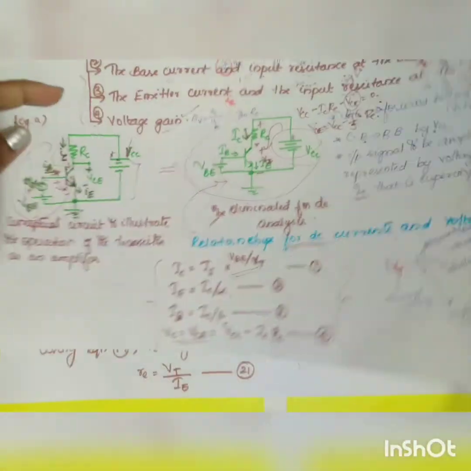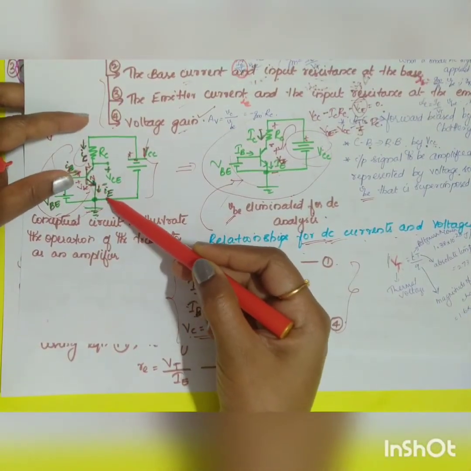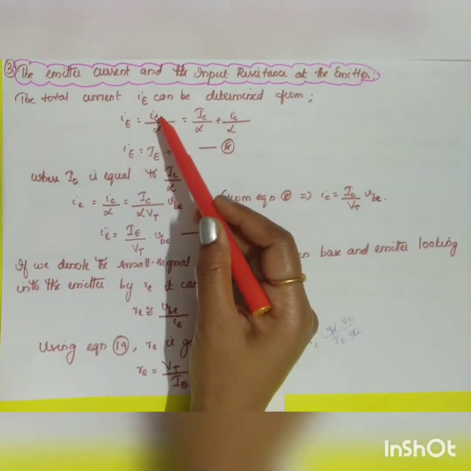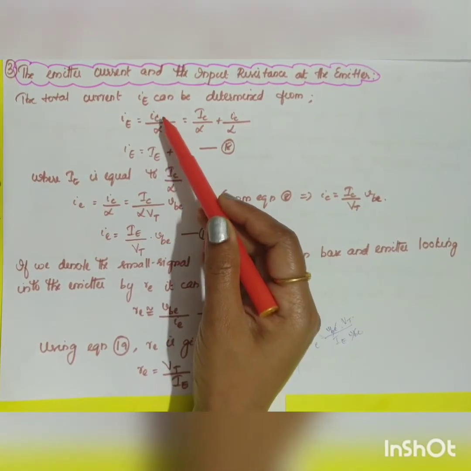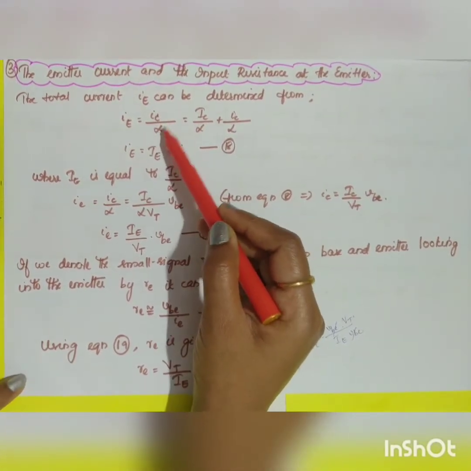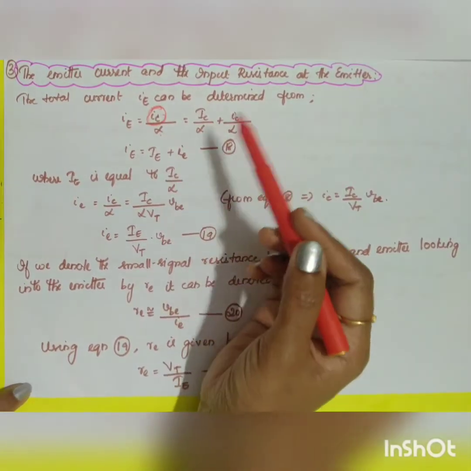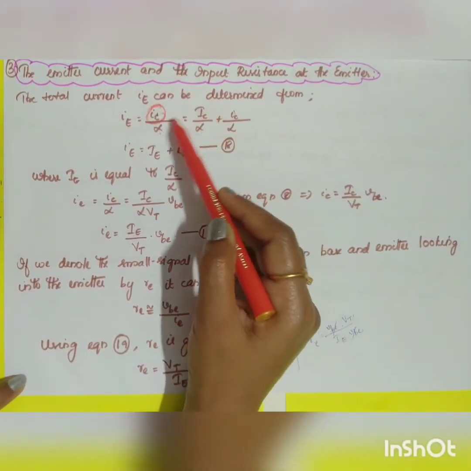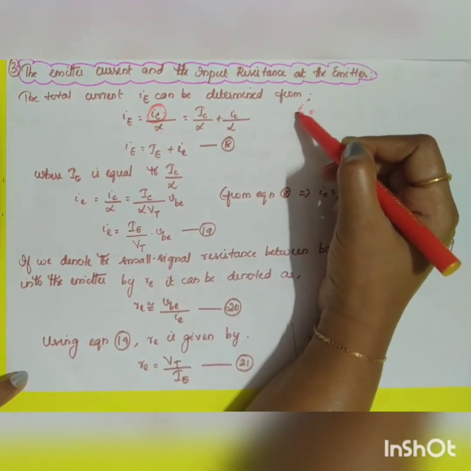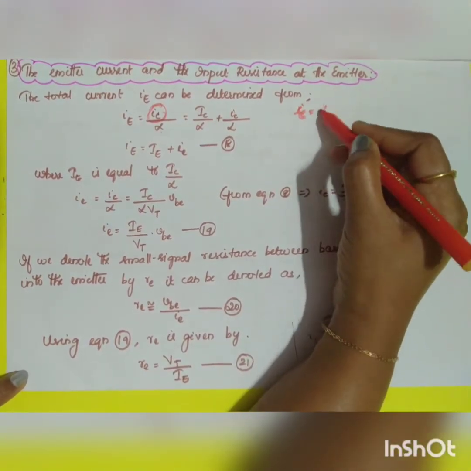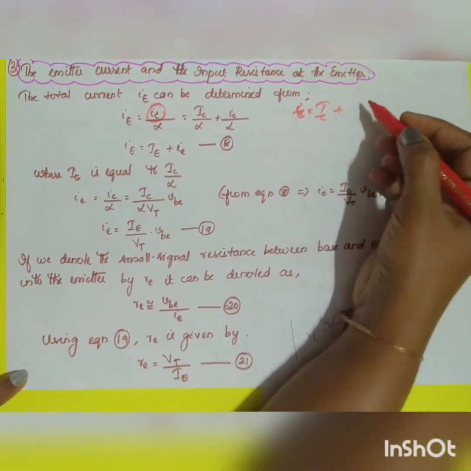IE will be your total emitter current, small iE, which by means of the current equation will be equal to iC divided by alpha. Now what is your total current? Small iC will be equal to capital IC, the DC value, plus your AC value.